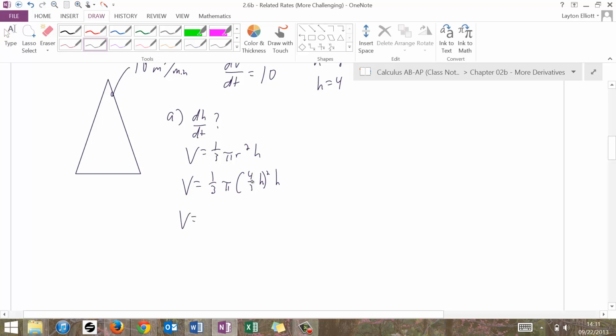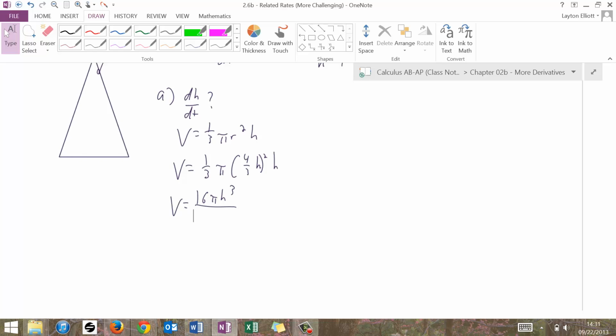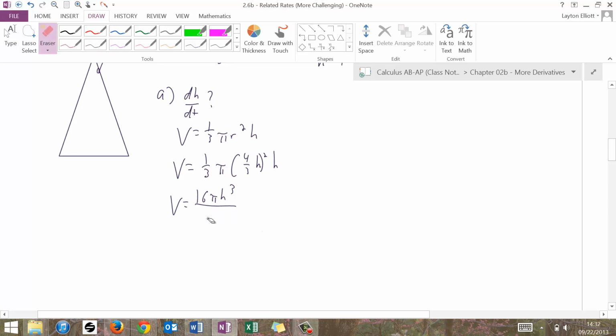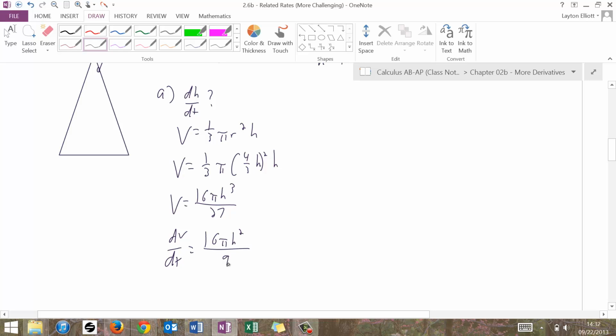That's going to be V is equal to 16 pi h cubed over 3 squared, 9, then 27. So now take the derivative. dV/dt equals 16 pi h squared over 9, because the 3 and the 9 are going to cancel.